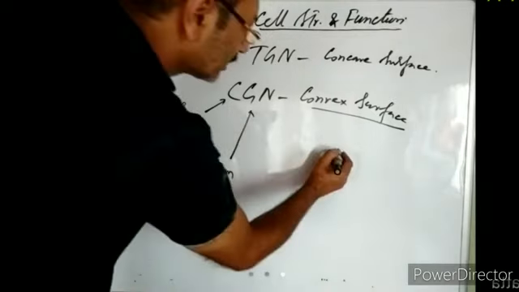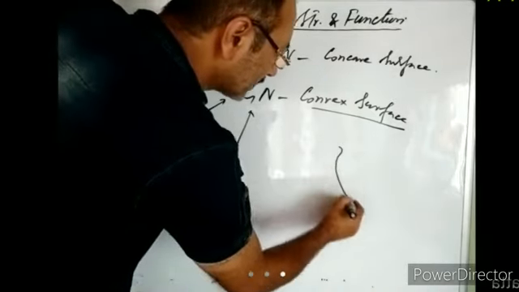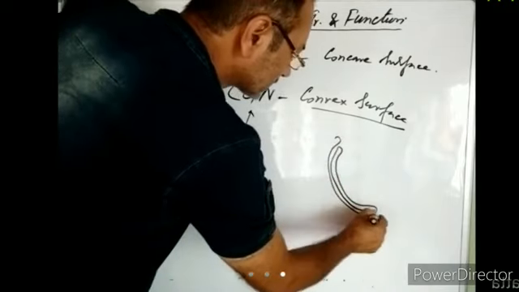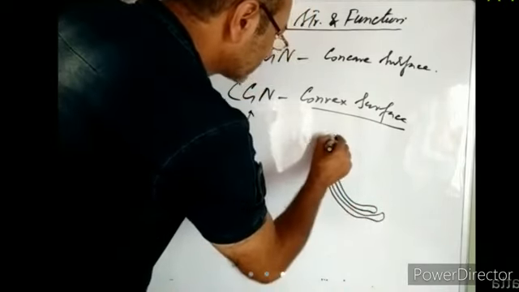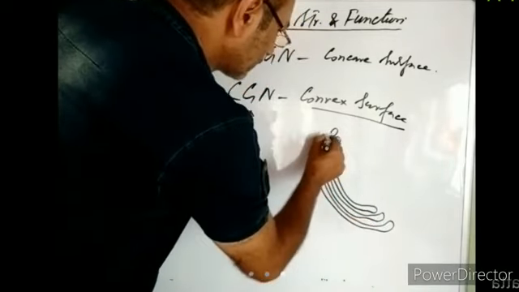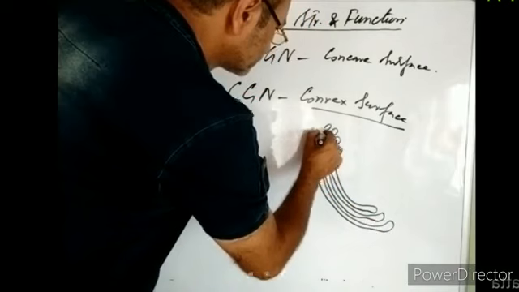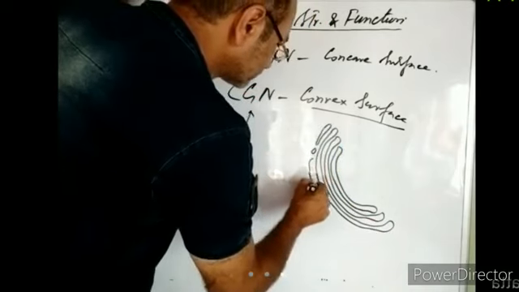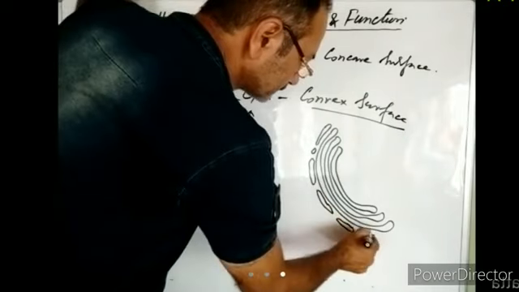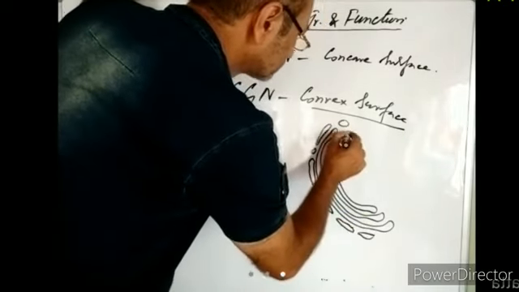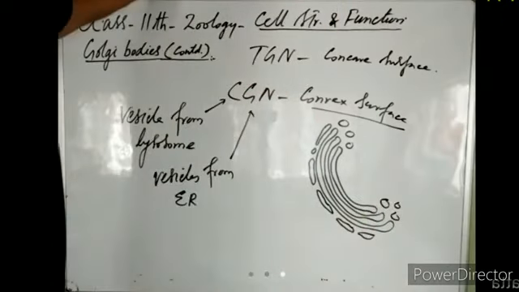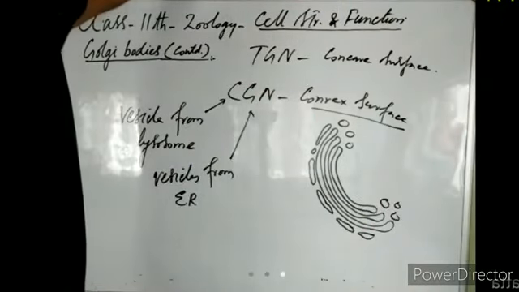So I will draw the diagram again. So this is the cis face. I will show you here the cis face of the Golgi body. Yesterday we discussed the structure of the Golgi body.